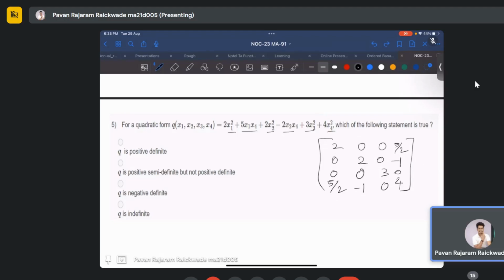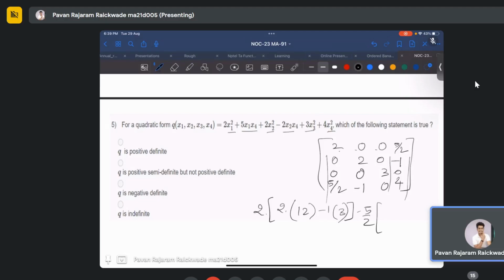So let's calculate 2 times the determinant of this matrix, which is 2 times 12, plus 1 times 3. Then plus minus 5 by 2 times the determinant of this matrix.